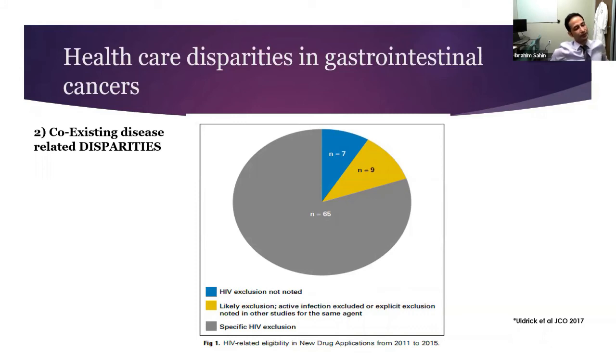The gray part of the bar is basically demonstrating people who have HIV. Of the overall trials, probably 80 excluded patients who have HIV, nine partially excluded them, and only 7 trials included HIV-infected patients.